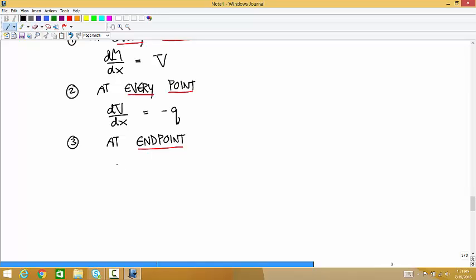But the first one says t equals 0 if and only if there's no horizontal point force at that endpoint.